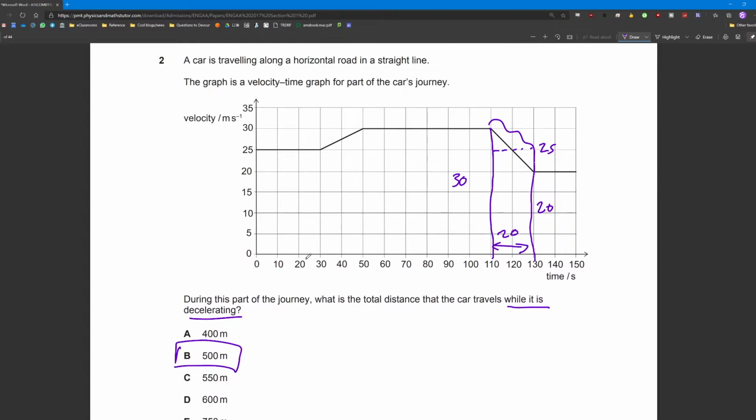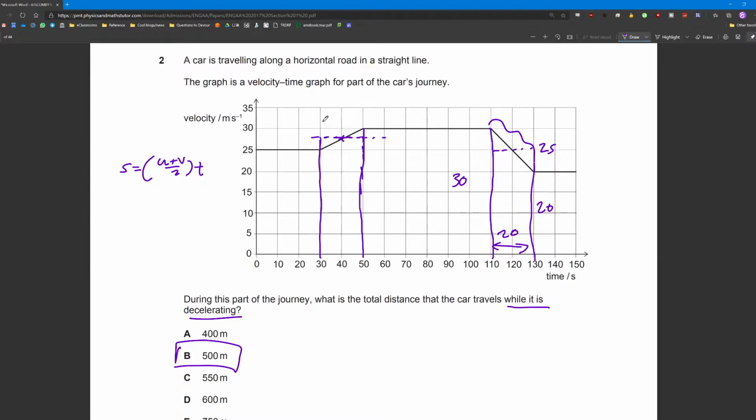The key thing to note here is that if you find any kind of trapezium on a graph that you need to work out, well, you can pull out your SUVAT equations and go S is equal to (u plus v) over 2 times t. The graphical way of looking at this is you find the midpoint here and then you go across. If that's the midpoint in time, then this is also the midpoint in height. And so this trapezium is approximately a rectangle of this height and this width.